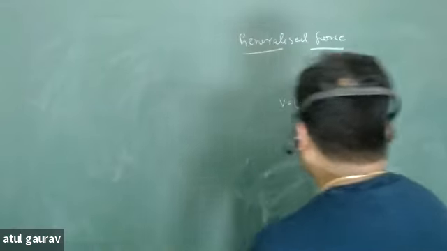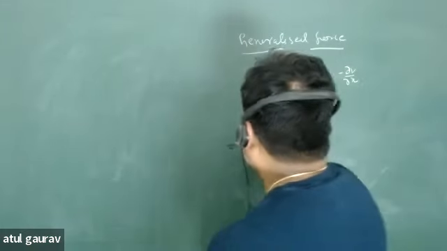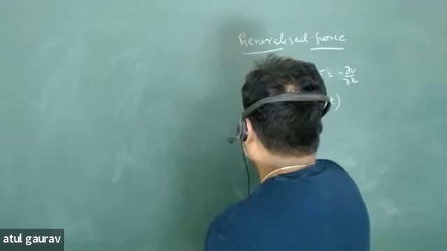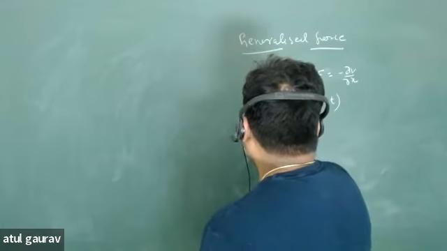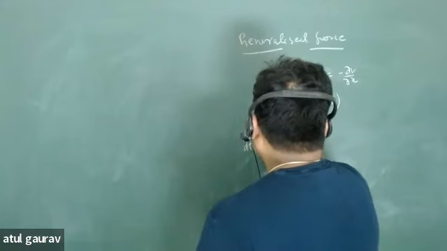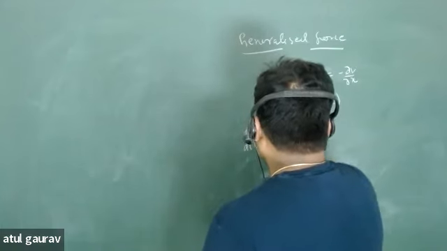Now, if your potential is actually a function of generalized coordinate and generalized velocity, and it may be a function of time, then what is the Lagrangian of the system? d upon dt del L upon del Qi dot minus del L upon del Qi must be equal to 0.